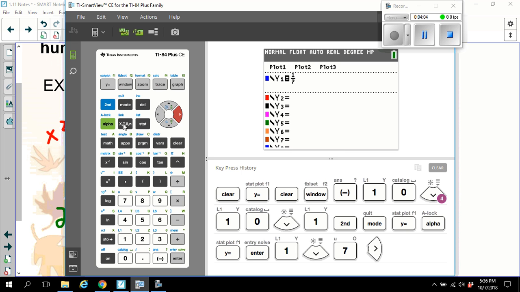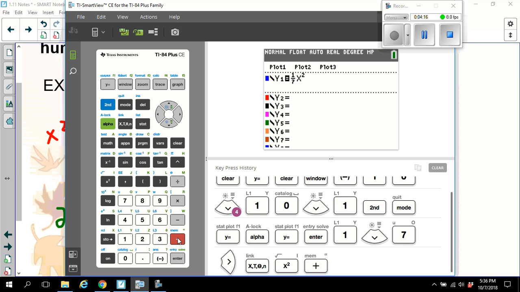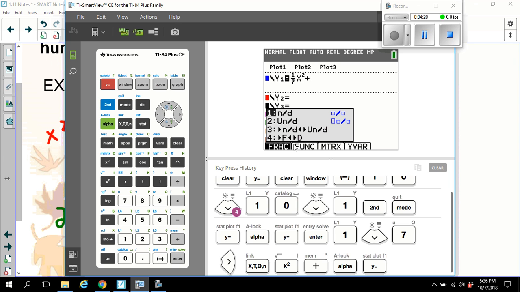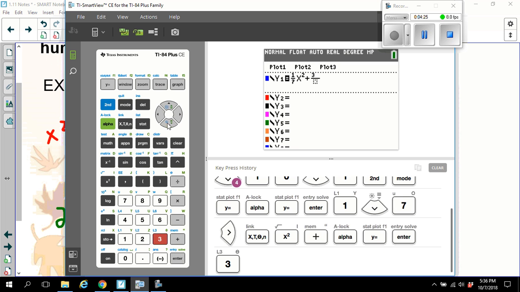And then I can use my x squared. So remember the x that's right next to our alpha, so we do x and then a squared. Then we do that again, alpha y equals, so we can get our 3 over 7. So I do plus, and then alpha y equals, press enter, so we can get our fraction here. 3, down arrow to get your 7.